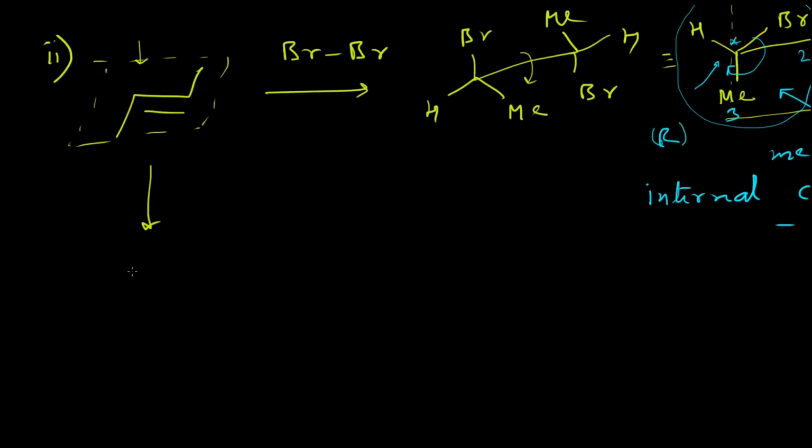Now another pathway is when the bromine addition takes place from the same face of this molecular plane. Let's say the bromine addition is taking place from the top face. Then what will happen? Both bromine atoms will be on the same side in the product molecule.